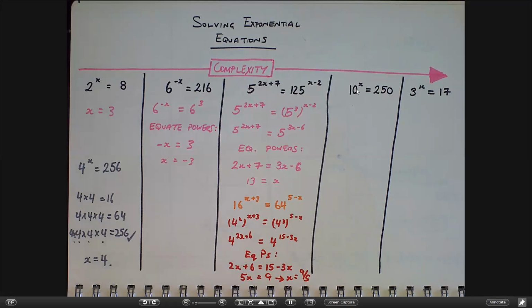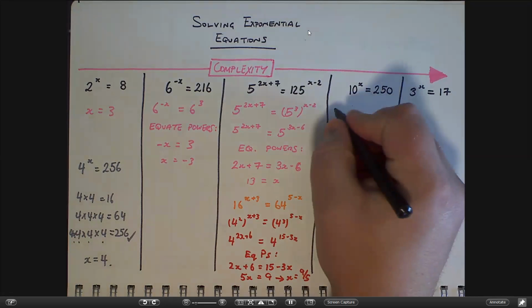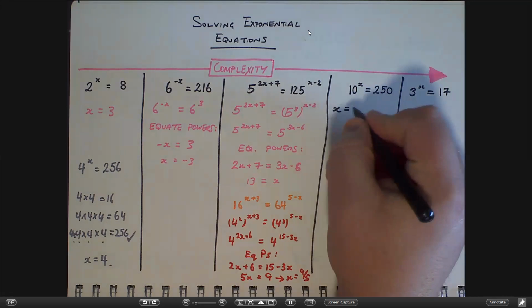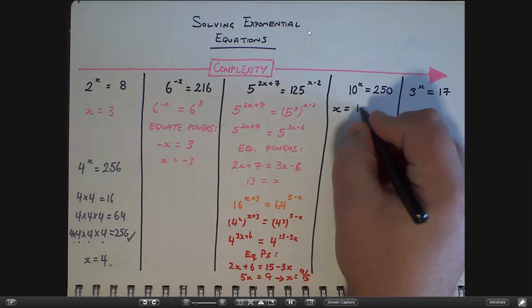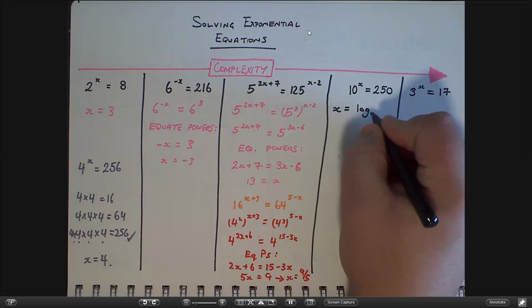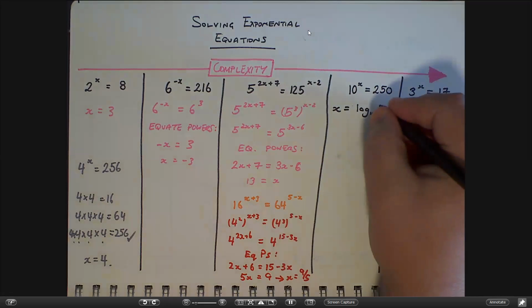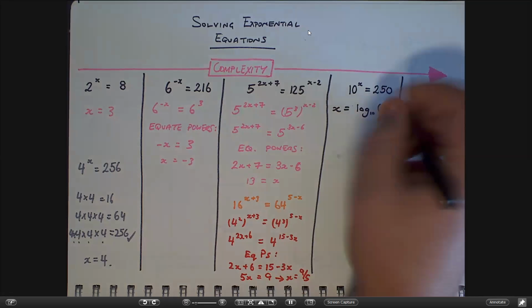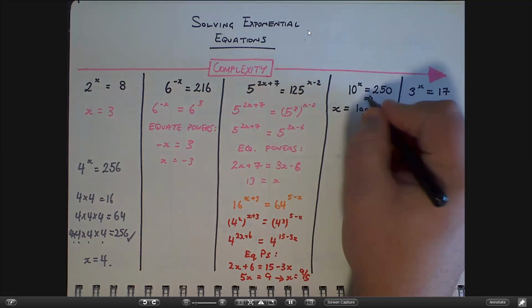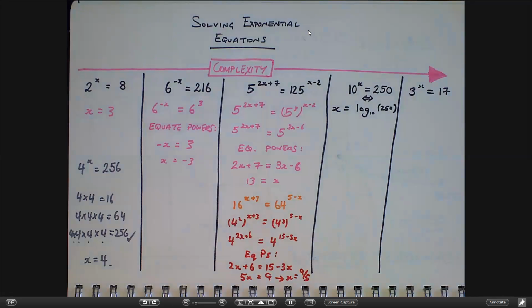Okay, so we have 10 to the power of x equals 250. It turns out that that can actually be rewritten as x equals log, and technically we write a little 10 there, but you quite often just leave the 10 off, of 250. So this statement below is actually just an equivalent statement.